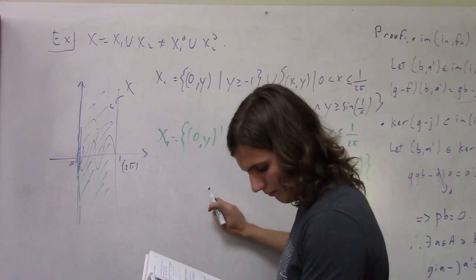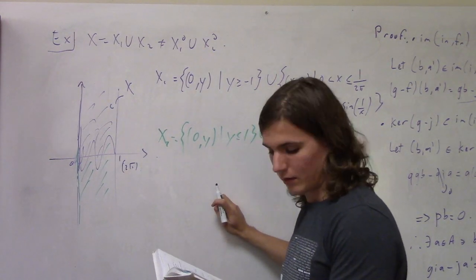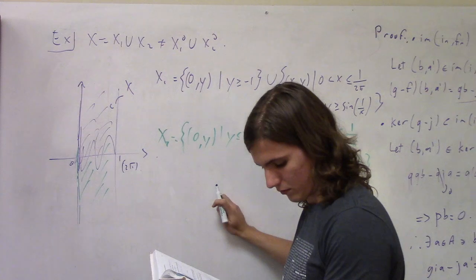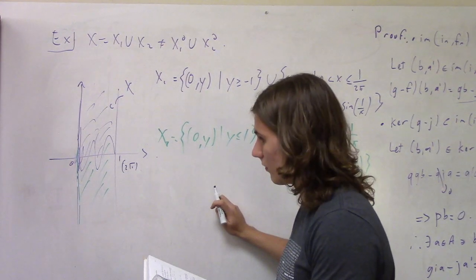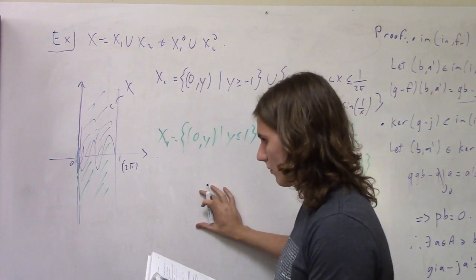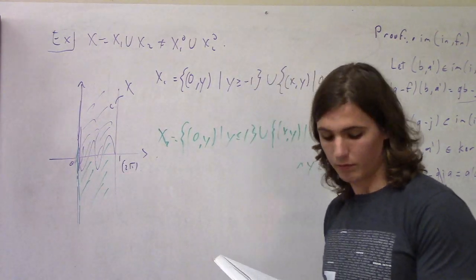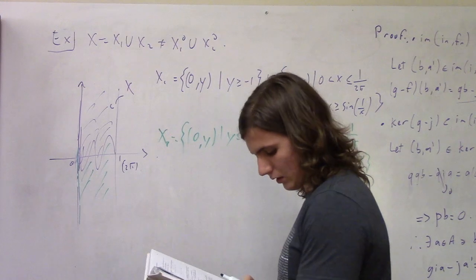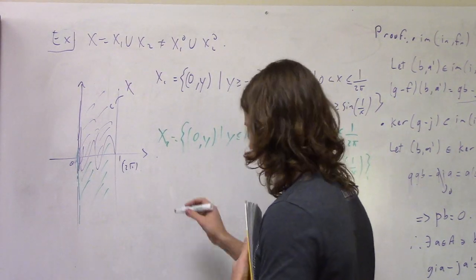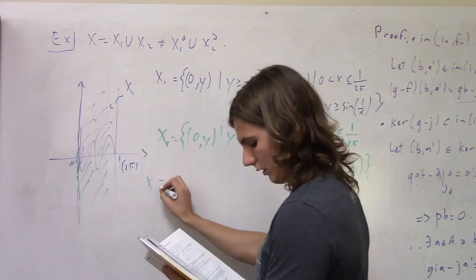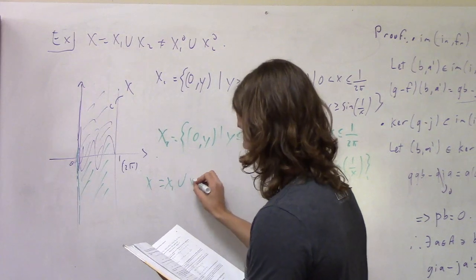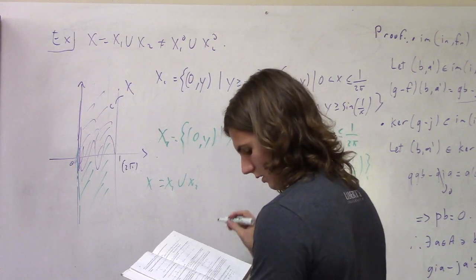So the intersection is like the unit interval from -1 to 1 on the y-axis, and then the awful sine curve, sine of 1/x. Why has he done this to us? X is equal to X1 union X2. I think you could find a simpler example.